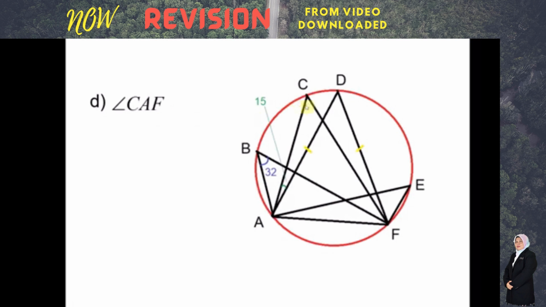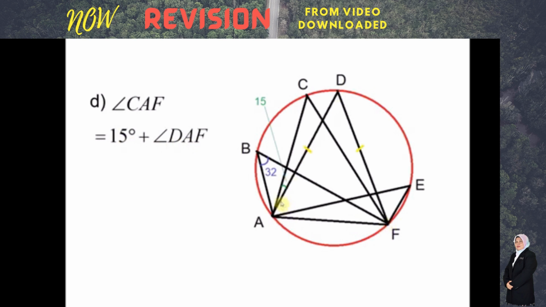Now we go to question D, CAF. CAF means we want to find 15 degrees here plus this angle, which is DAF. So we want 15 plus angle DAF.